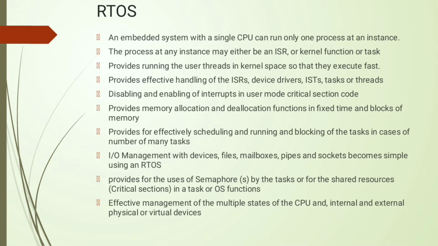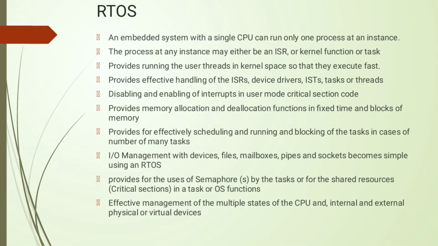So in this slide we have discussed the advantages of using an RTOS. The first one is that we can execute the user threads in the kernel space, so that they will execute much faster. The second one is the effective handling of the ISRs, or even an ordinary task, or the IST; everything can be effectively handled.